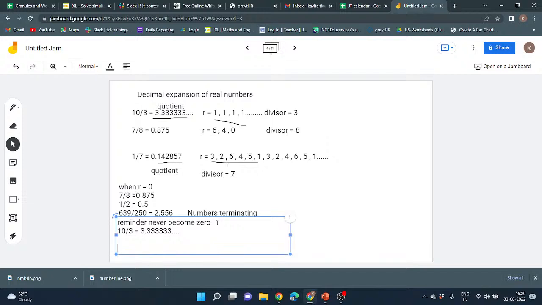Another example is 1/7, where the quotient is 0.142857.